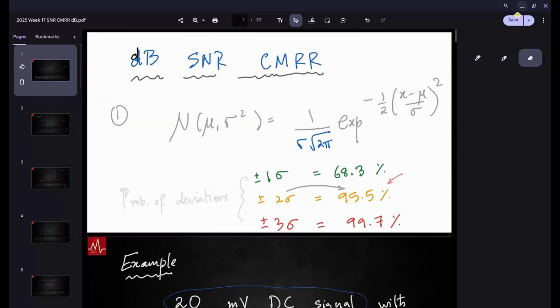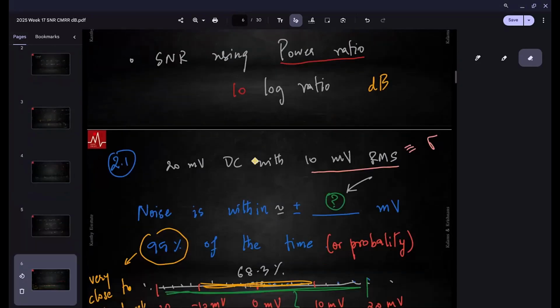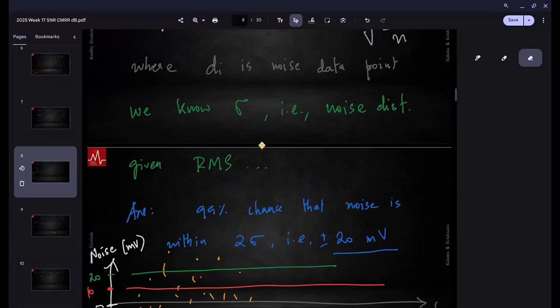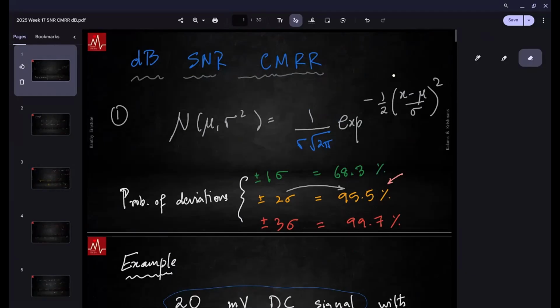Okay, great. With this, I wanted to give simple examples on all this: SNR, DP, CMRR. Now we have a simple illustration, and with one example you can quantify all these parameters. Typically every year there is one question from this.